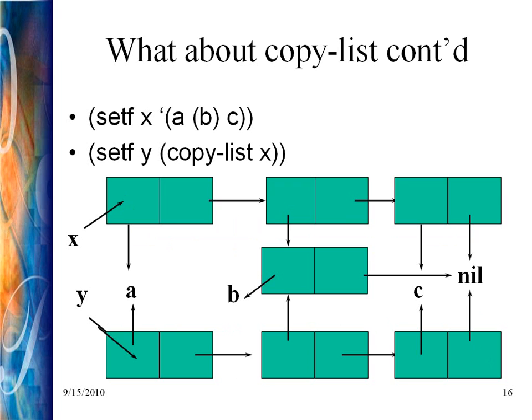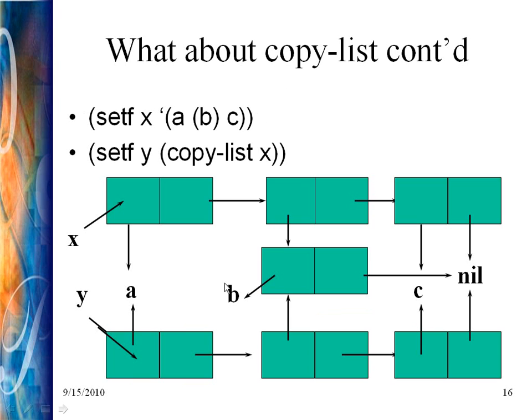Now consider copy-list of X, where X is the symbol A, the list containing the symbol B, and the symbol C. Y is the copy-list of X. So again, we have these two separate lists in memory, but pointing to the same elements, to A, to the list containing B, and to C. Now, we'll get back to this example in a minute, because it's important when we start modifying lists.